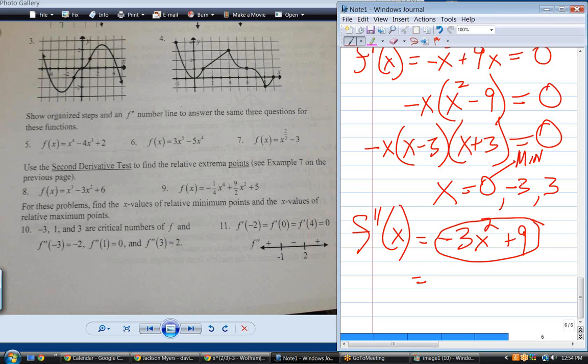When we plug in minus 3, it's negative. It's concave down, that means a maximum. And we plug in plus 3, it's negative. So that's also a maximum.